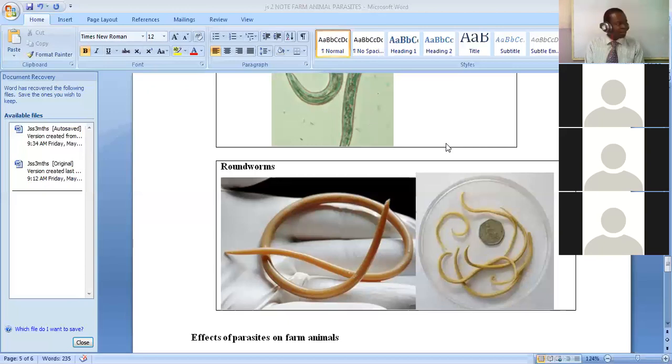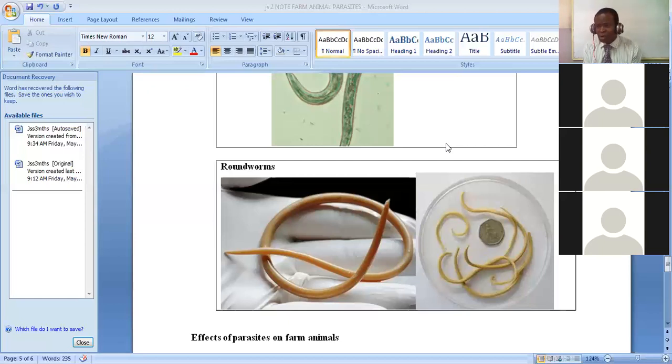That's one way, but that's not the only way. So if the animals are eating grasses that have eggs of any of these endoparasites, they will consume those parasites along with their feed. So that's how they get into the body of the animal.